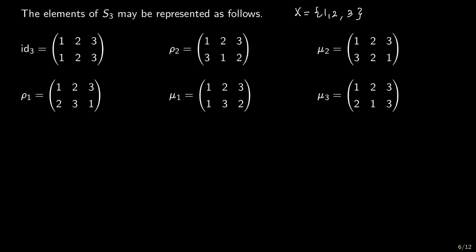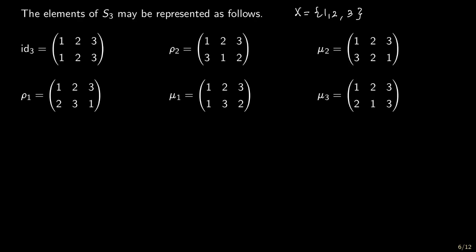For example, before, we represent the identity function this way. But as you can see, drawing arrows can be a little bit inconvenient. So we use these notations now.